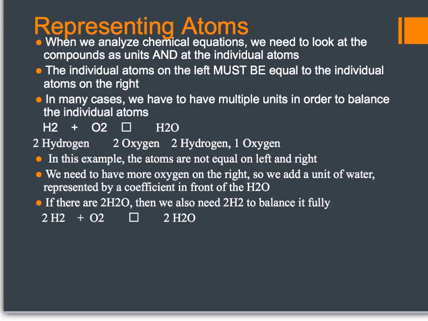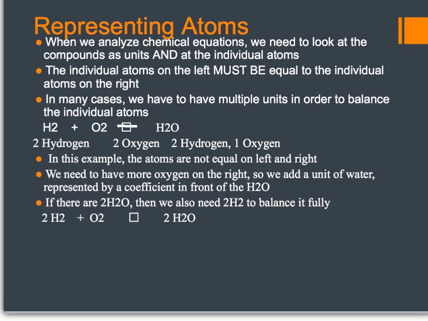So sticking with our water example here, when we analyze chemical equations, we have to be sure that we accurately represent all of the atoms that are necessary for a reaction to occur. So the number of individual atoms on the left, or the reactant side of the equation, must be equal to the number of atoms on the right, or the product side.